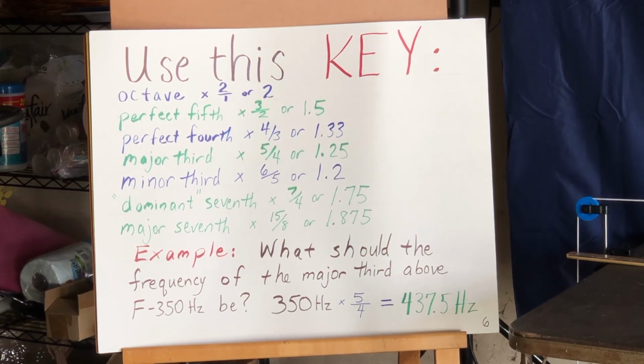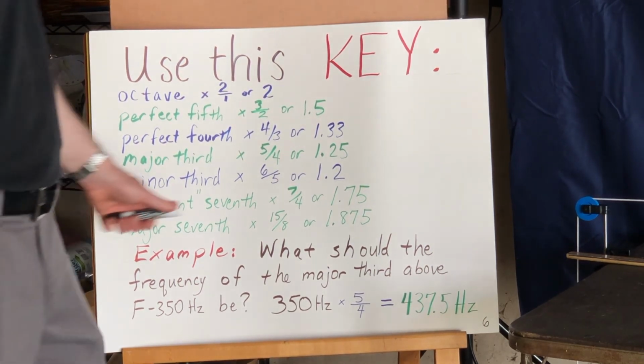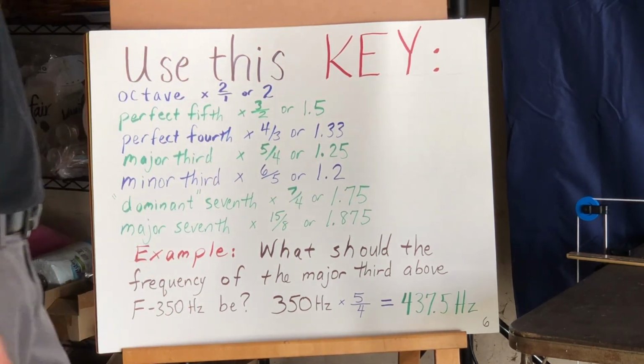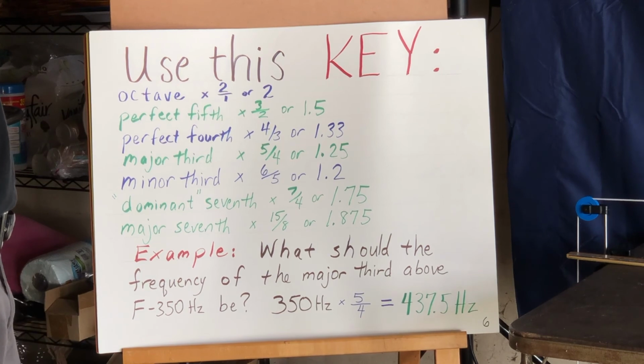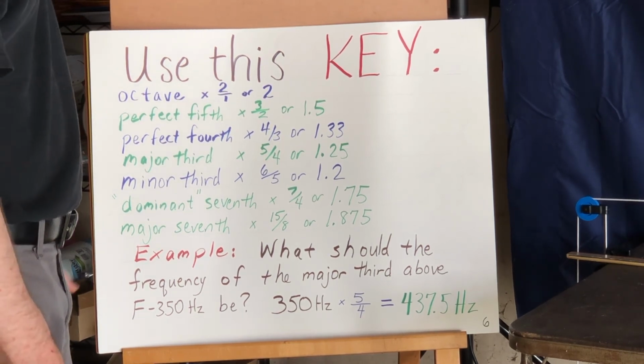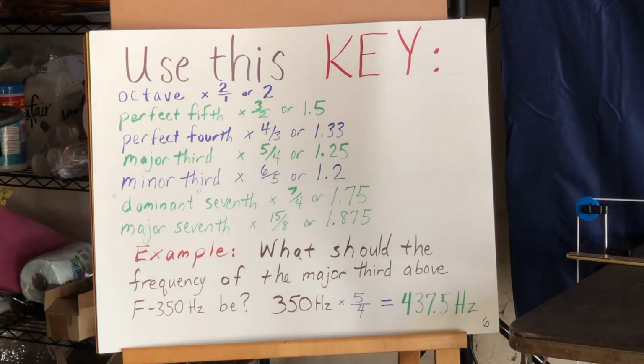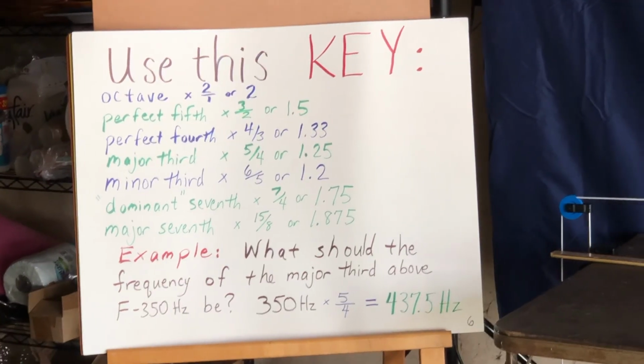So anyway, dominant seventh, I'm going to call it, is supposed to be a ratio 7 to 4 above, if it's going to sound good to us. Or you could multiply 220 by 1.75, and we've got to figure out what note that is, by the way, so I can write it in the right spot on my chart. So if you could help me out with that, it'll be our last one to fill in with the harmony right now.